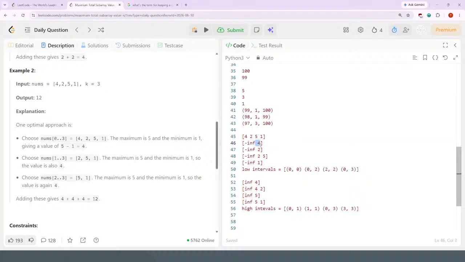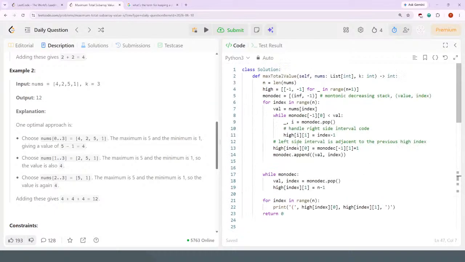The same thing when it pushes it, the adjacent spot in the stack is going to give it the left bound, and when it pops it, that's the right bound of the interval, of the low interval.